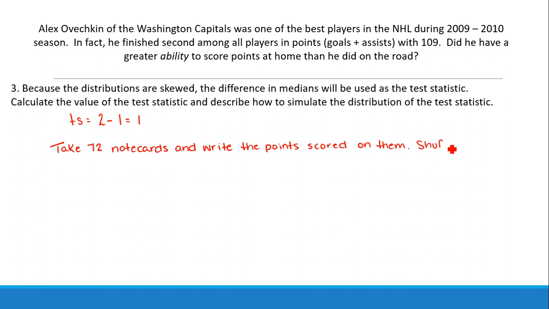Shuffle. And randomly assign 37 to home, and 35 to road.